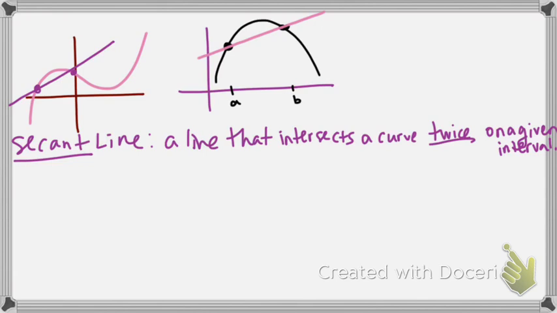Let's use it in terms of our x values A and B. If the x value is A, the y value is going to be f of A, and this y value up here is going to be f of B. So now let's do the slope formula. The slope of this line is y2 minus y1 all over x2 minus x1. And we can find the slope of that line, as long as we had a certain number of x values, it would be no problem. And that's what we're going to call our average rate of change.